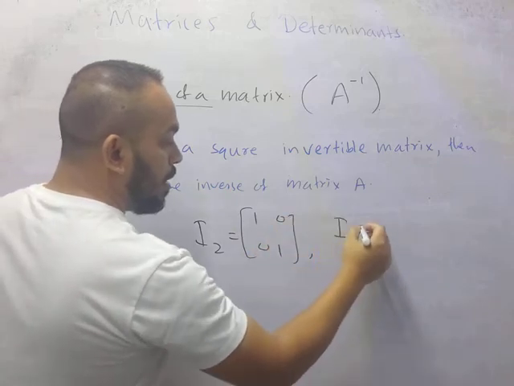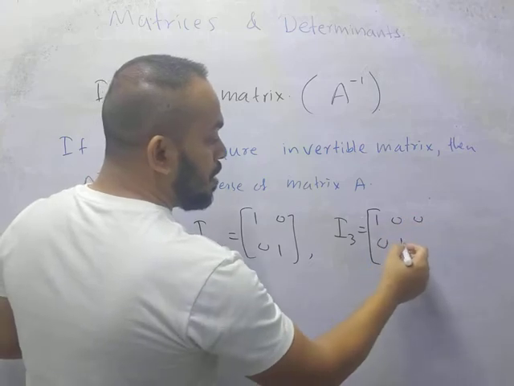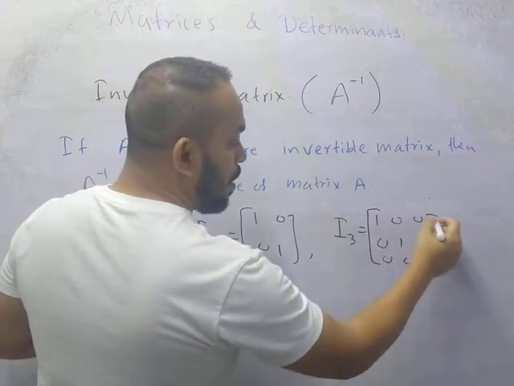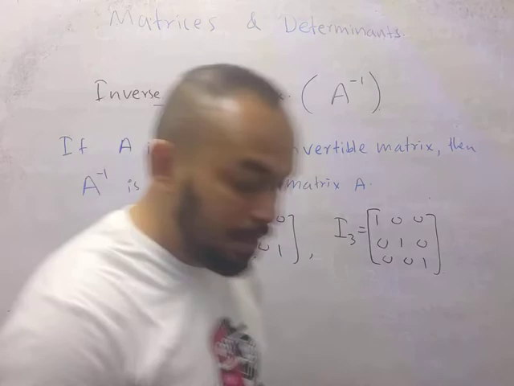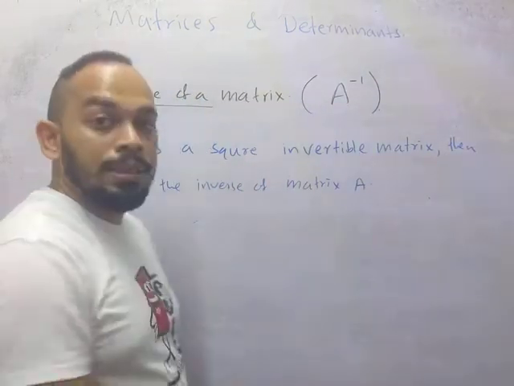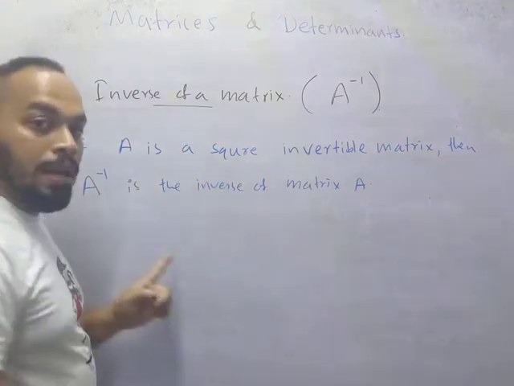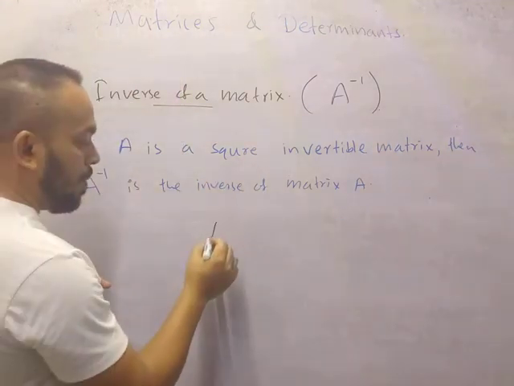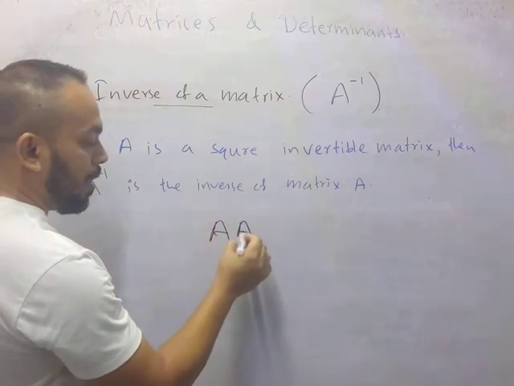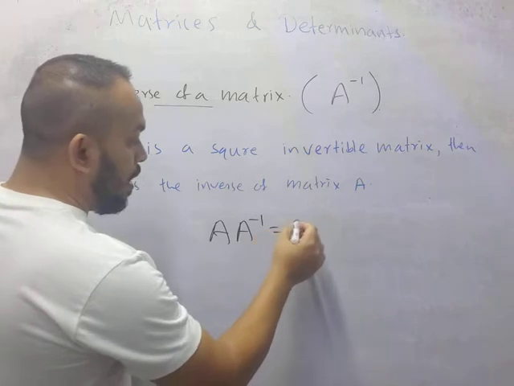Then I3 is 1, 0, 0, 0, 1, 0, 0, 0, 1. These are called identity matrices. In the matrix universe, these are the 1. They have this property: when you multiply A by A inverse, the answer is I.